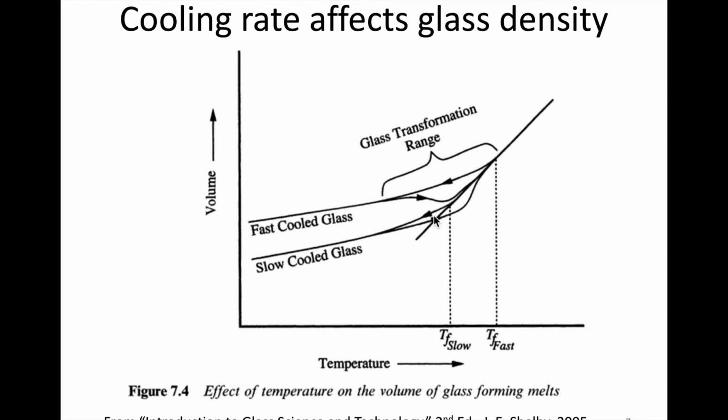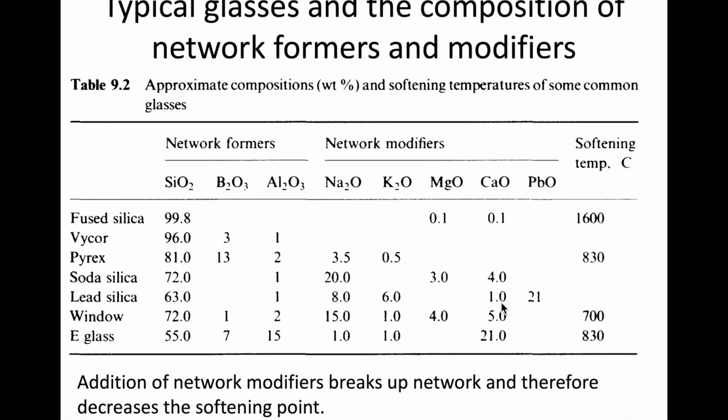And if you look over here, these two temperatures are in essence the glass transition temperatures. They're labeled differently here, but the cooling rate can have an effect on the glass transition temperatures. But the composition can also affect the glass transition temperature.